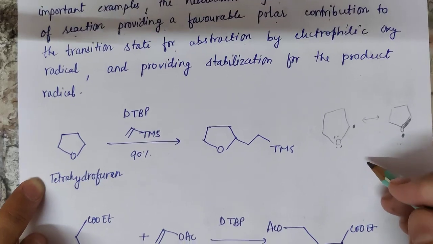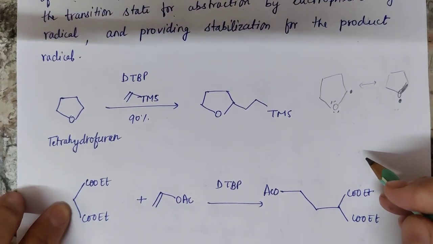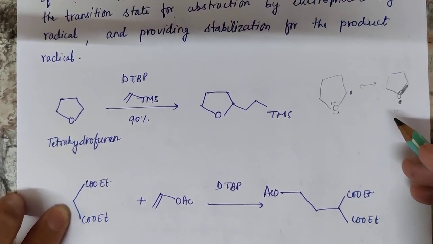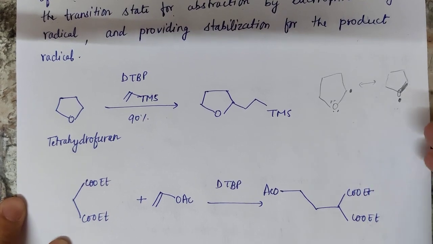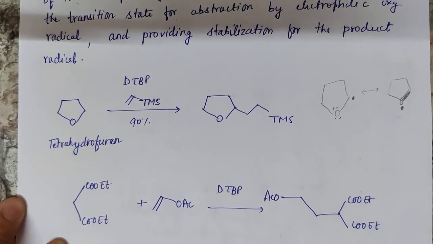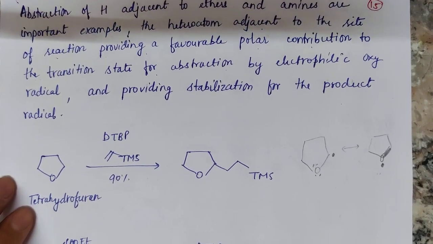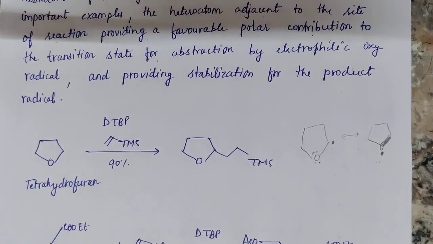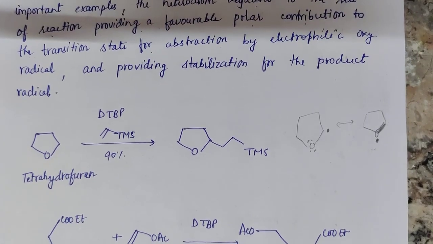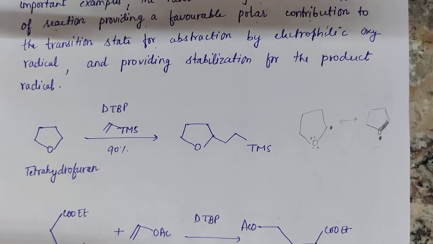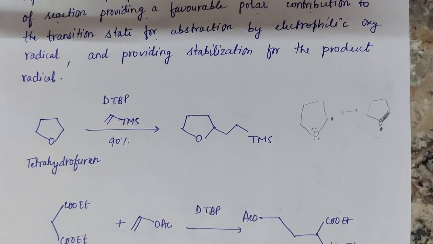Similar cases, if we look at the ethers, or we look at the amines or esters, that is possible in those cases, and that's why the abstraction of hydrogen is possible by electrophilic oxyradical.